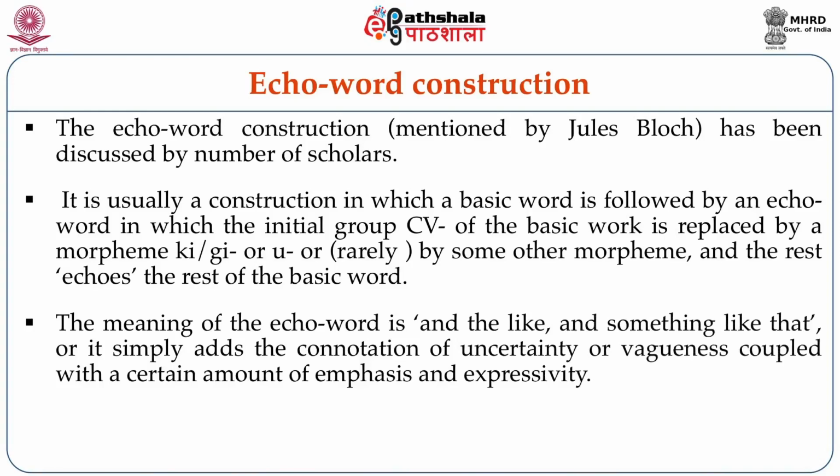The meaning of the echo word is "and the like" and "something like that," or it simply adds the connotation of uncertainty or vagueness coupled with a certain amount of emphasis and expressivity.